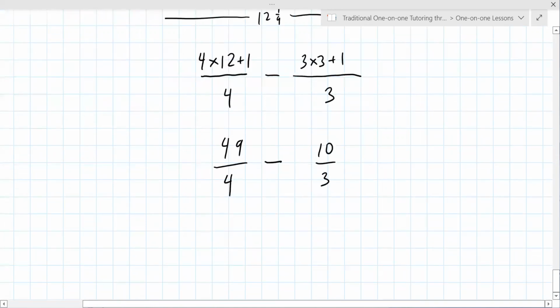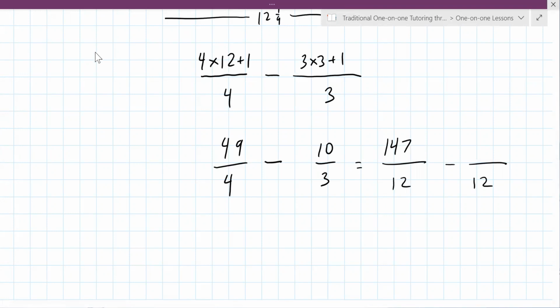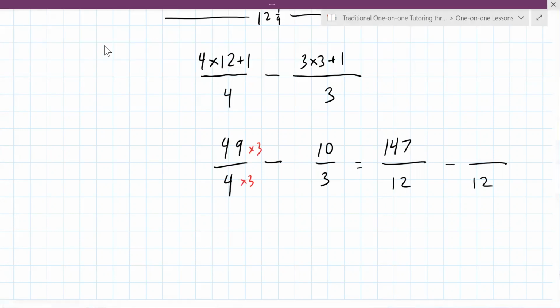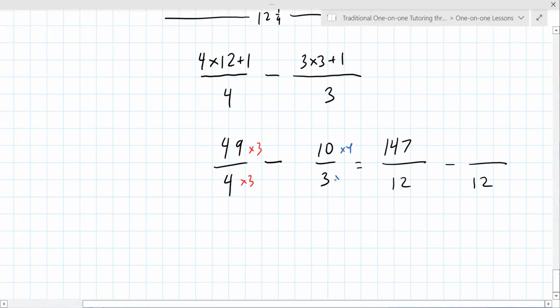So I'll help since you got to switch screens with the calculator. It's not ideal. It's going to be 12 and 12. I didn't realize this one got so large, but 49 times 3 is 147, and 10 times the 4 is 40.